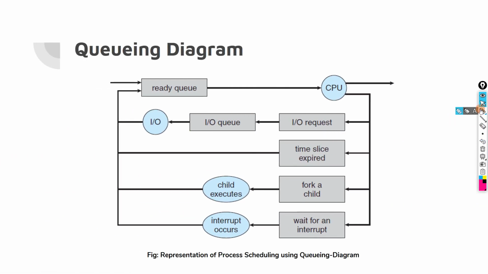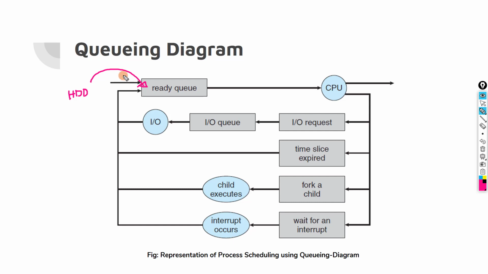Okay, now we can see the queuing diagram, or we can say the scenario or the lifespan of a process. A process comes to the ready queue from the secondary memory, or we can say the hard disk drive.